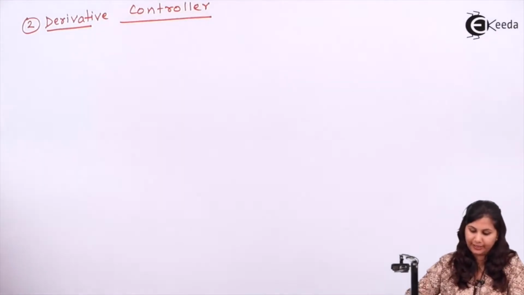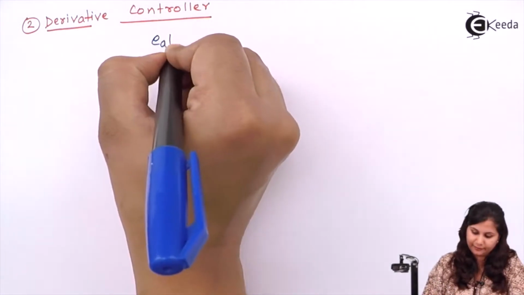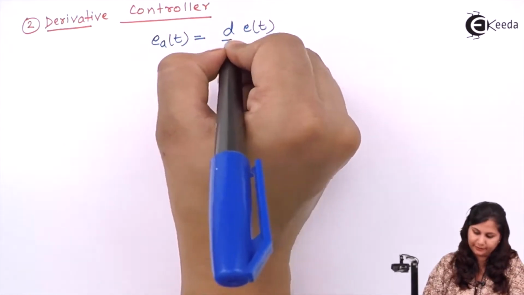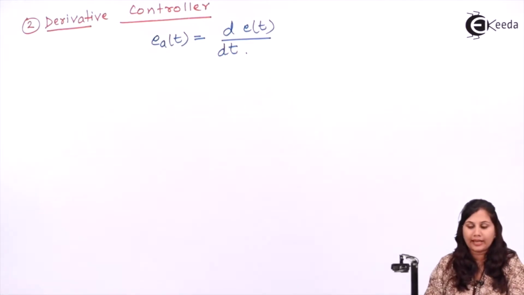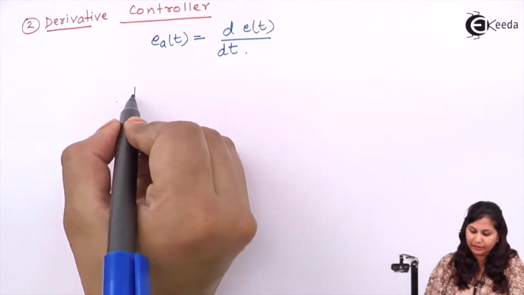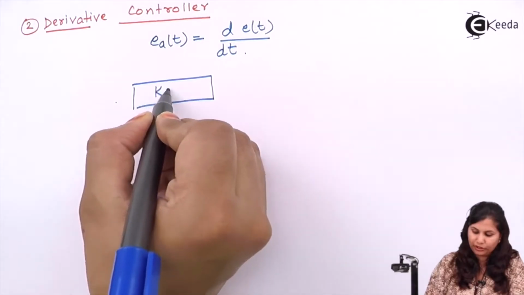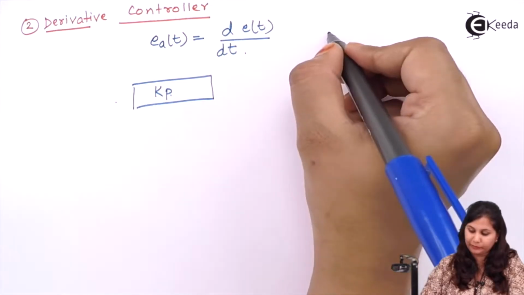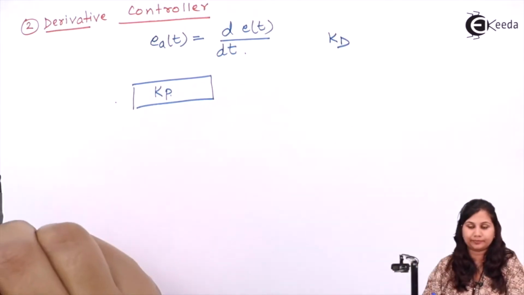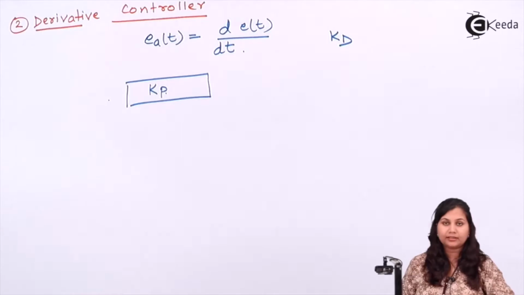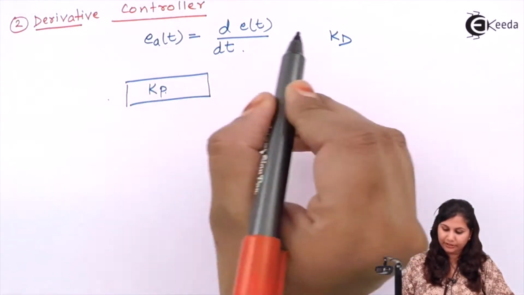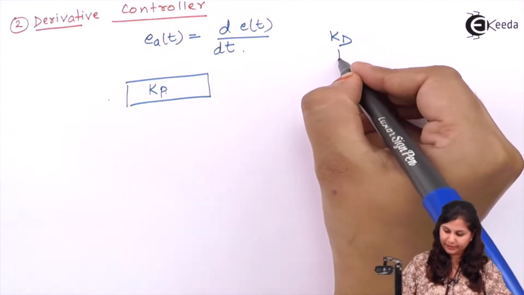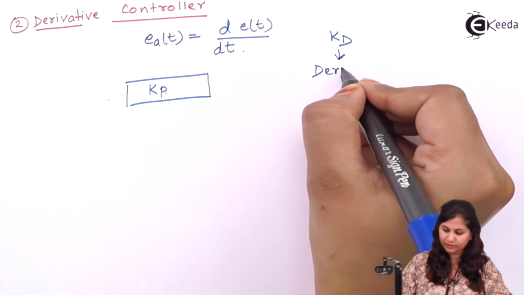It means that the actuating signal ea(t) is equal to the derivative of the error signal. And in the block diagram where we had written Kp, here the constant will be Kd, the derivative constant.